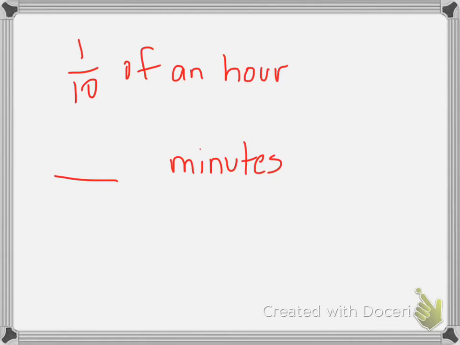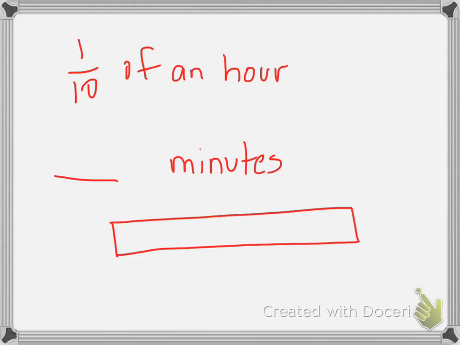All right. If I were to solve this, what I would probably do is draw a fraction bar to show that that is 1 whole hour, which we're trying to solve in minutes, so I could think of it as 60 minutes. Now I want 1/10 of that. So I'm going to break this hour up into 10 equal sections.